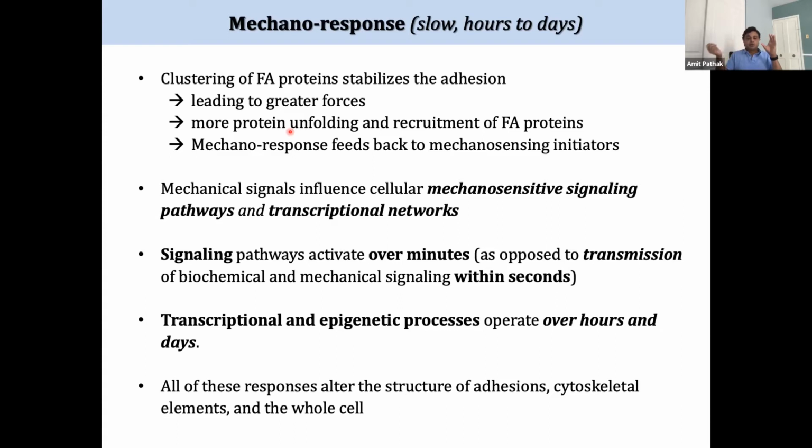So if a cell were to increase its force, the bond can now support it. So it's more of a feedback loop. More proteins unfold, then there's the recruitment of other focal adhesion proteins, and the clustering happens. And that's how mechanoresponse, which is the generation of force, feeds back into mechanosensing, which is the sensing of the force.